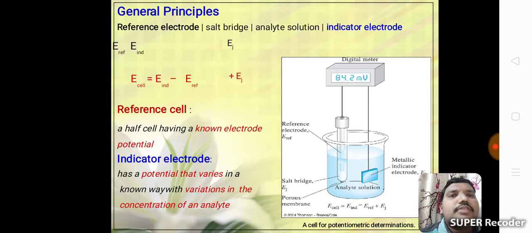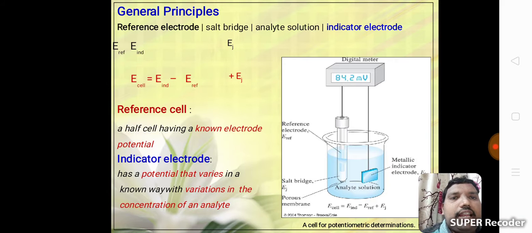See the formula: E cell equals E indicator minus E reference plus EJ, where EJ is nothing but the salt bridge potential, E reference is nothing but the reference electrode potential, E ind is nothing but the indicator electrode potential. That is the E cell formula.